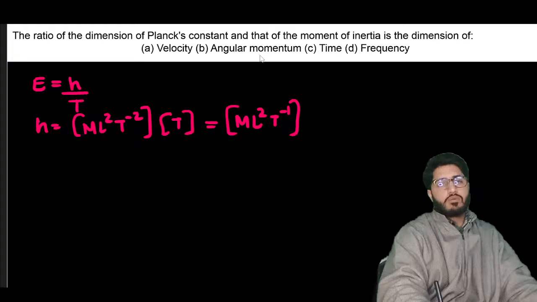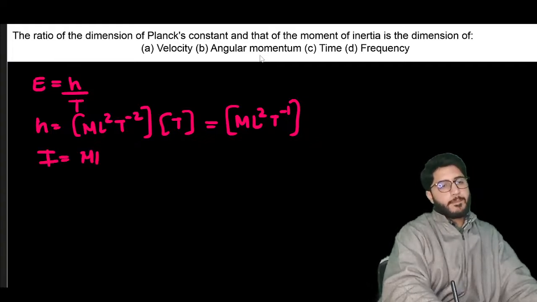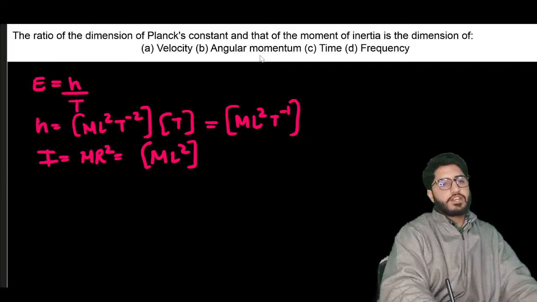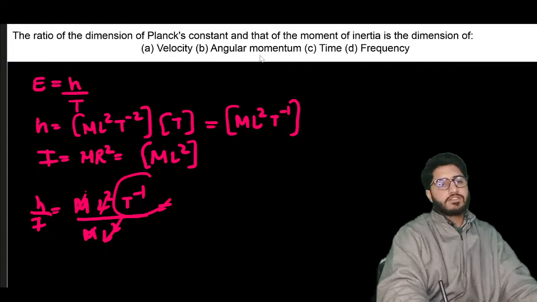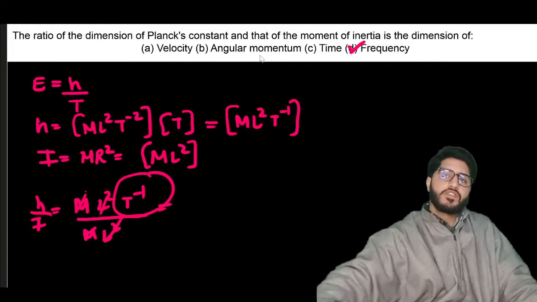Then moment of inertia would be M r square, that is M L square only, right? Take this ratio, h by I. It is ML square T minus 1 whole divided by ML square. Cancel out. So we have T inverse. So I think it is frequency, right? So option D, frequency, is my correct answer.